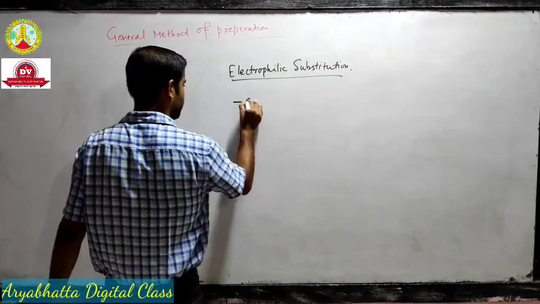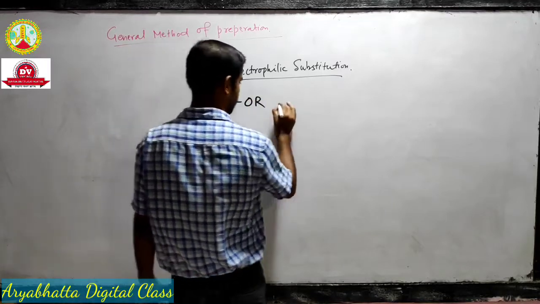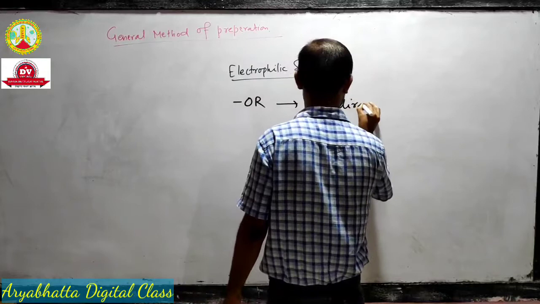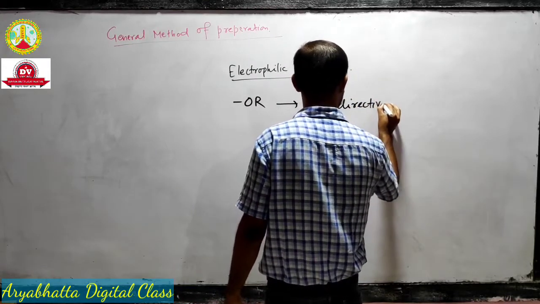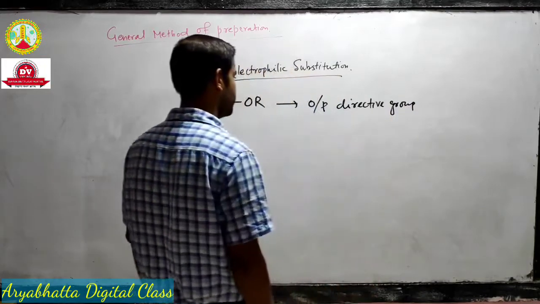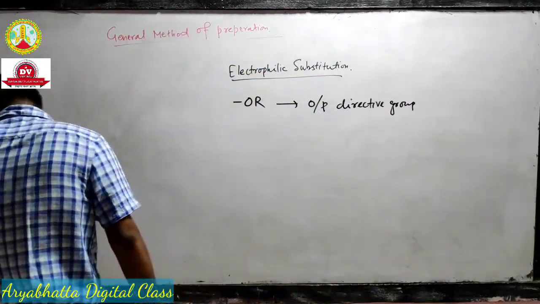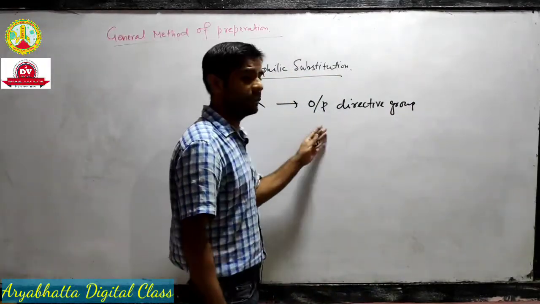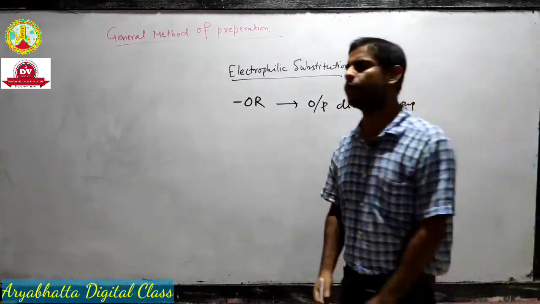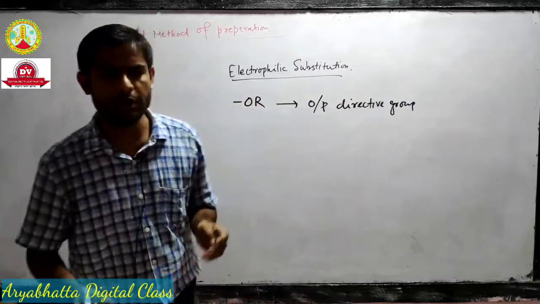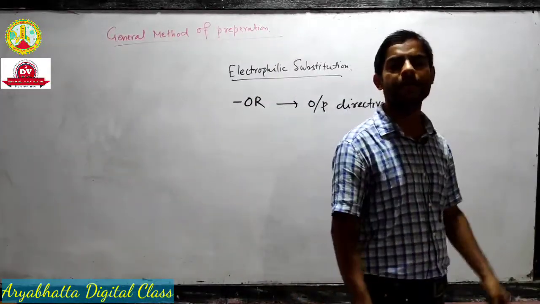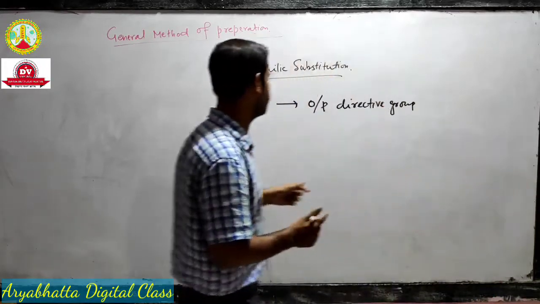First of all, OR is an ortho para directive group, so it will direct the incoming electrophile to the ortho or para position.